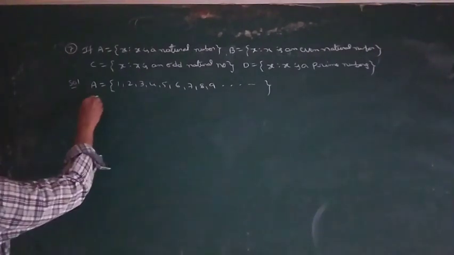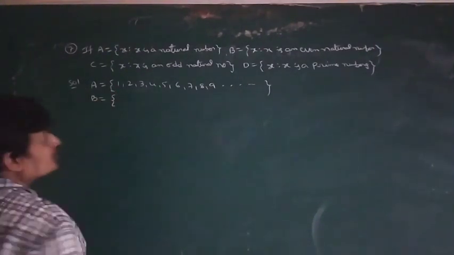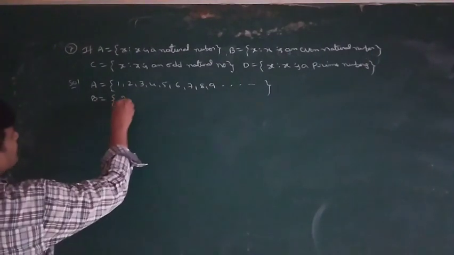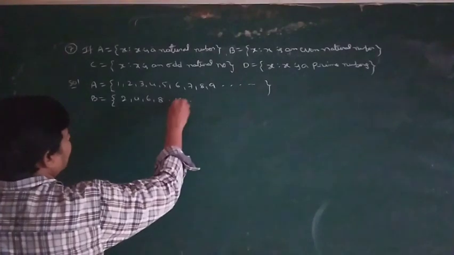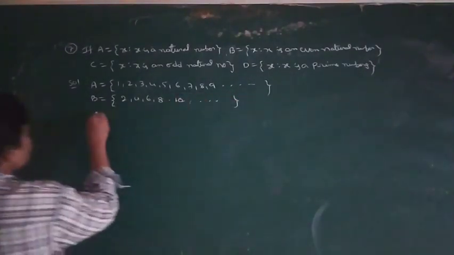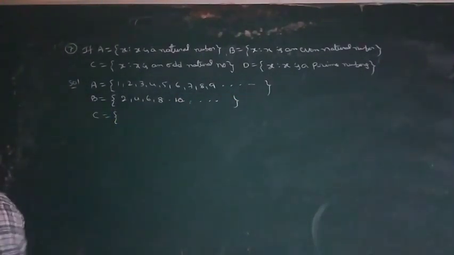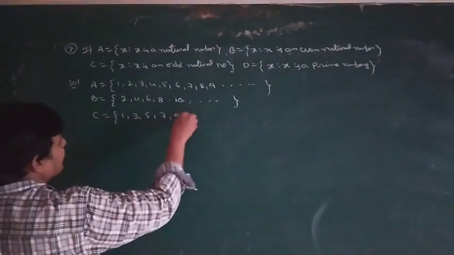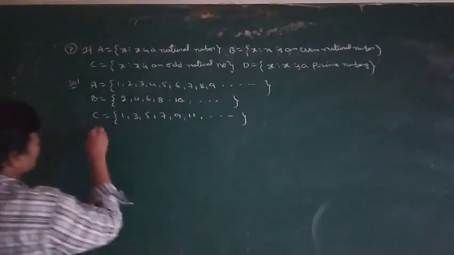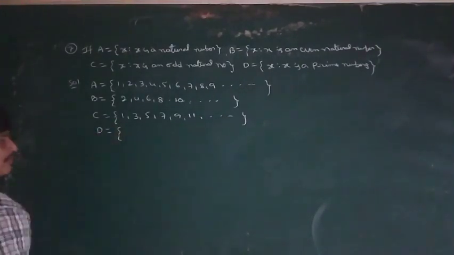What is B? B is equal to even natural numbers. So 2, 4, 6, 8, 10 and so on. C is equal to odd natural numbers: 1, 3, 5, 7, 9, 11 and so on. D is equal to prime numbers.